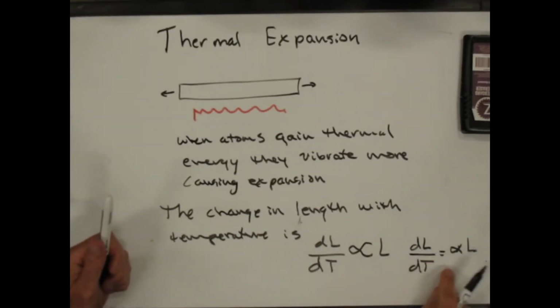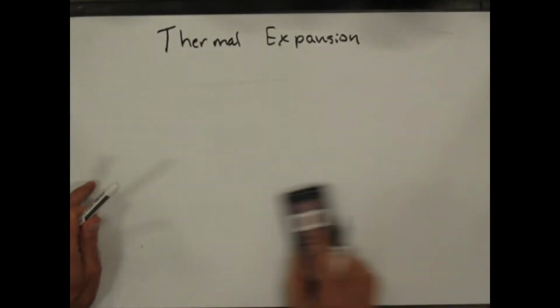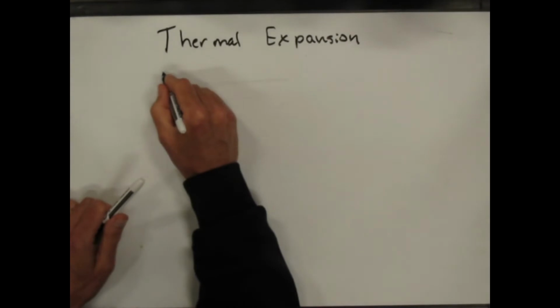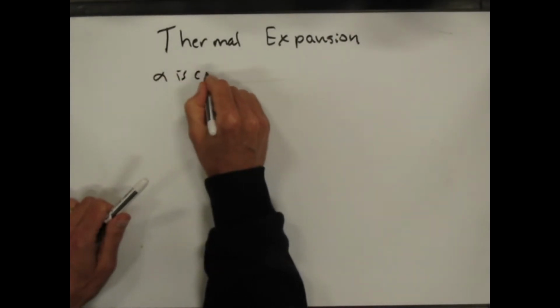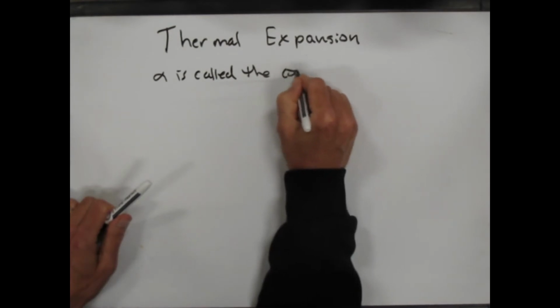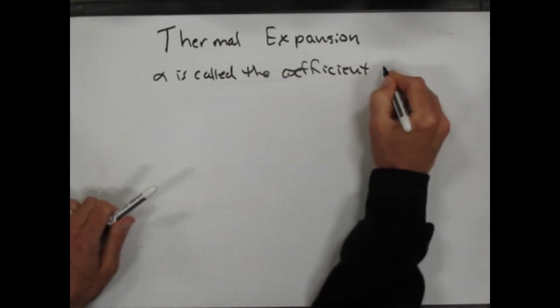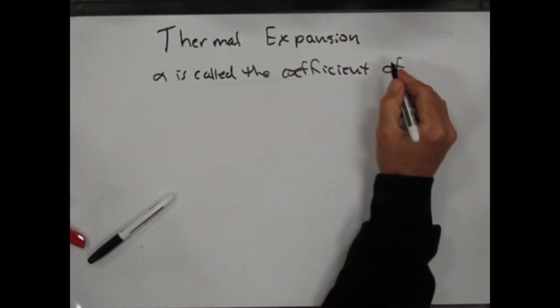And so this is the proportionality relationship between the change in length with respect to temperature and the length, how long the object was in the first place. And so alpha is called the coefficient of thermal expansion.